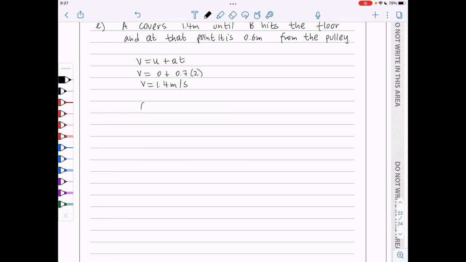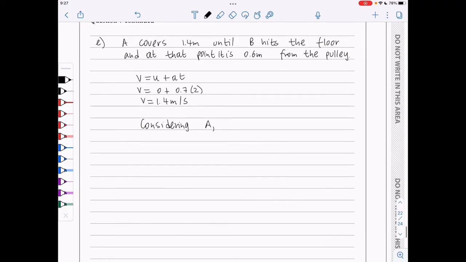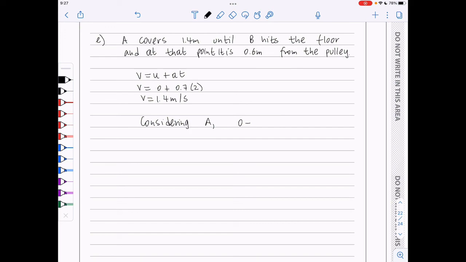A is still moving to the right, so forces to the right, which is 0, minus forces to the left, which is mu R, is mass times acceleration. So minus 0.625 times 4g is 4a. The 4s cancel out, and I'm left with minus 0.625g being the acceleration. It turned out to be negative, obviously, because it's decelerating.